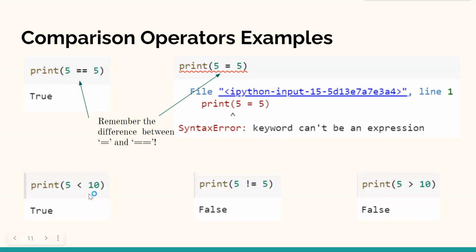And for these 3 examples here, this is how we use comparison operators. 5 is less than 10, so the output will be true. Is 5 equal to 5? Is not equal to 5? Obviously, it's not, so the output will be false. Is 5 greater than 10? Obviously, it's not, so the output will be false.